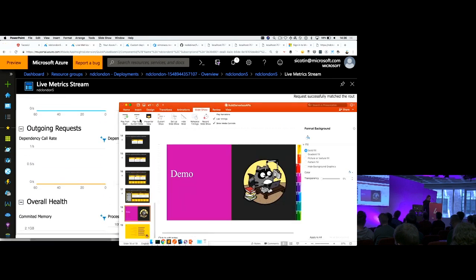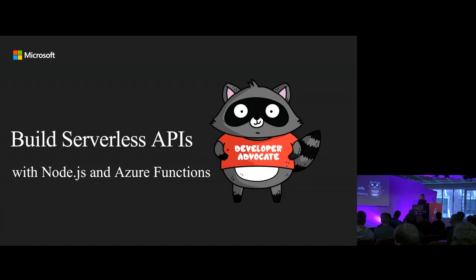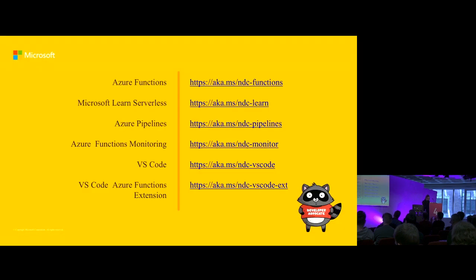If you're looking to learn more about Azure Functions and serverless in general and Azure Pipelines, go to these links. You'll find a lot of documentation. I highly recommend you check out Microsoft Learn Serverless.